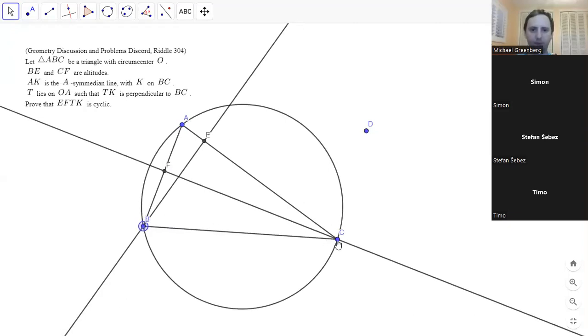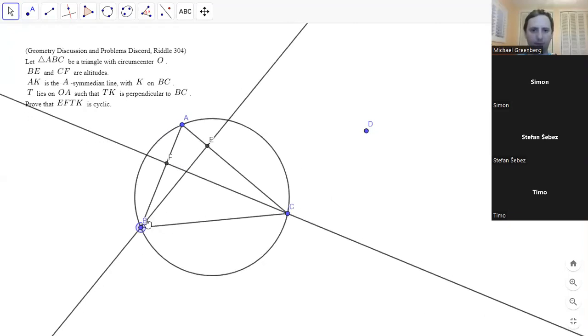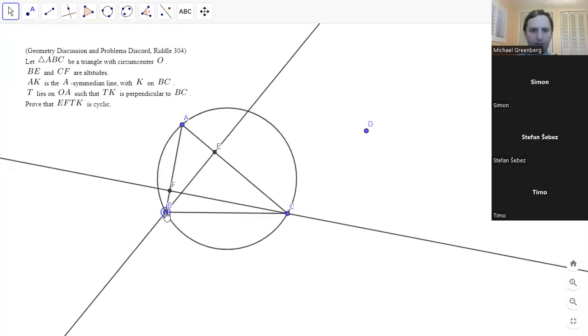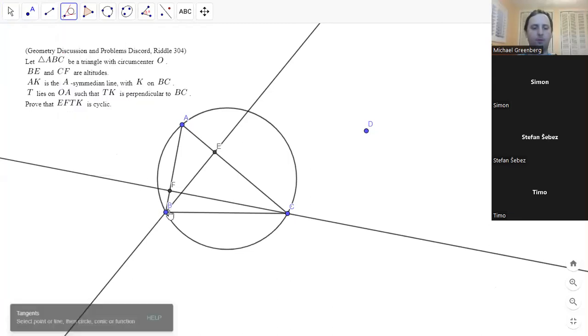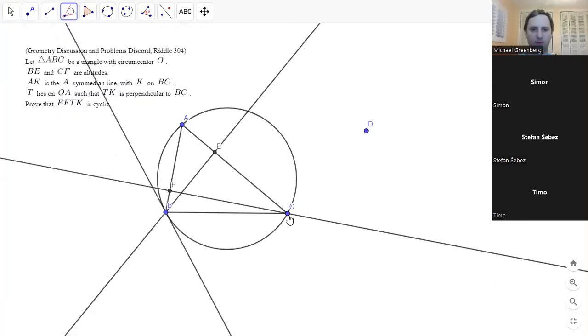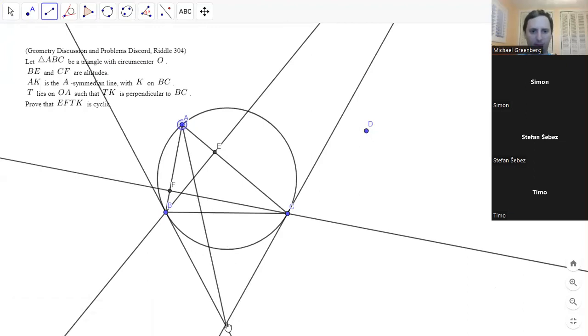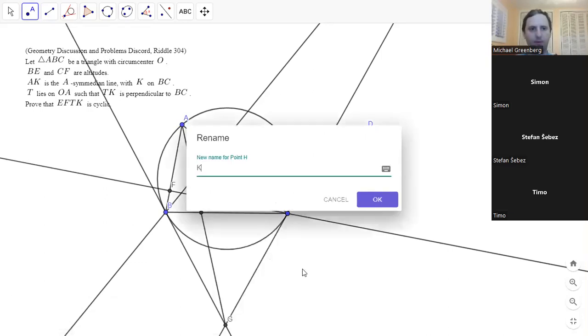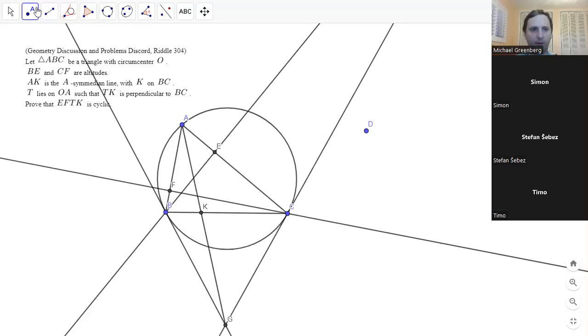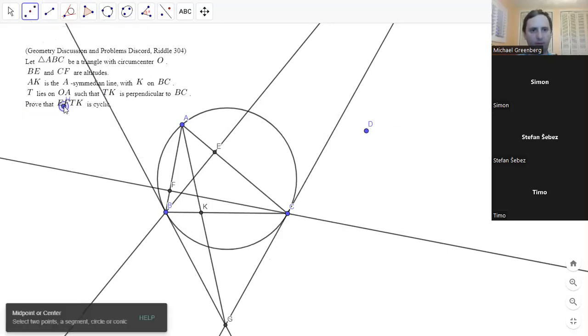So let me draw the two tangents at B and C. And they should intersect at a point. And we want to let this intersect BC at K. And T lies on OA, so let's call O the center of the circle.